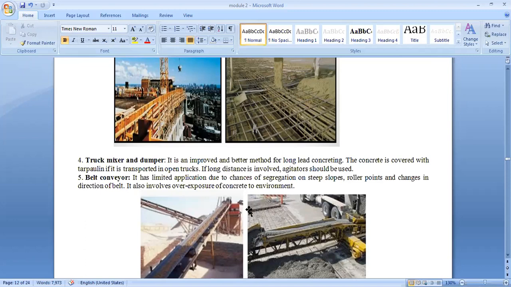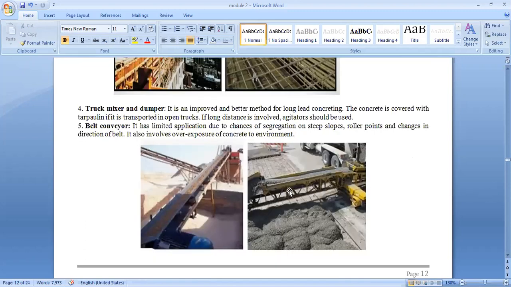Next, it will be a belt conveyor. It has limited applications due to the chance of segregation on steep slopes or at roller points, and with a change in the direction of the belt. It is used in a straight line on a belt.